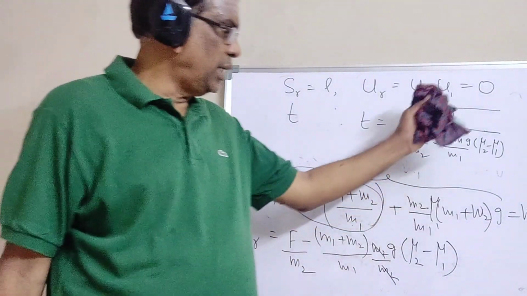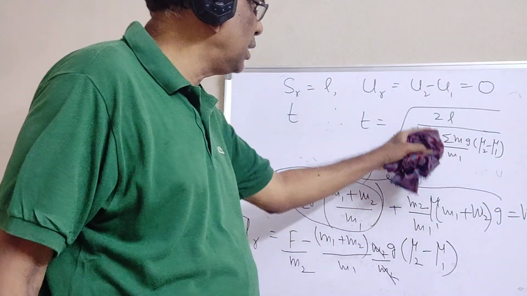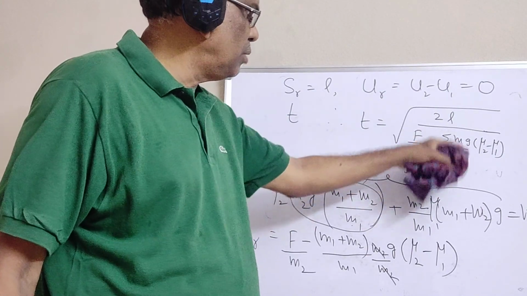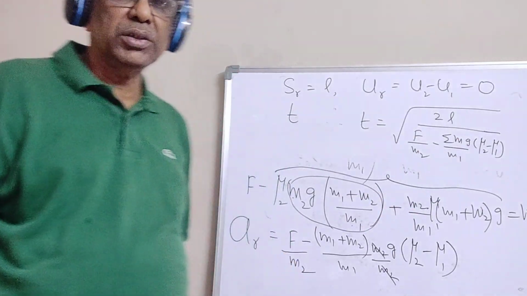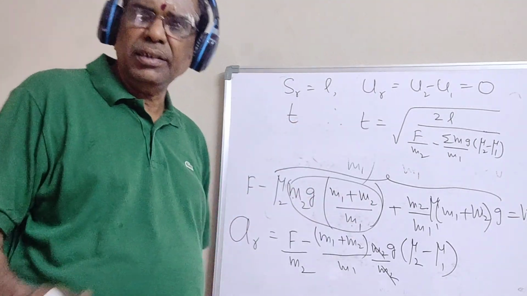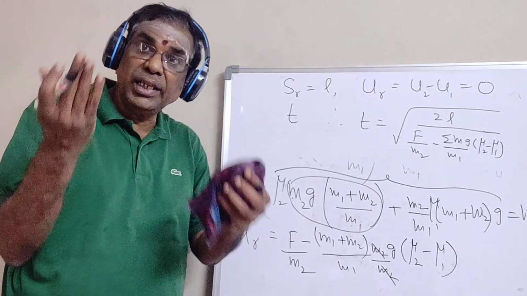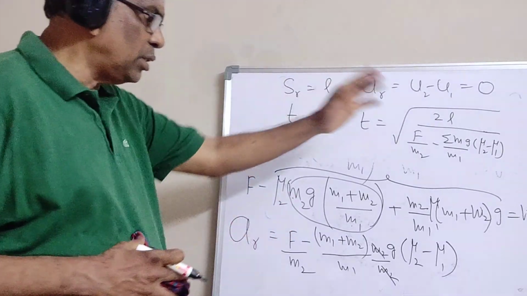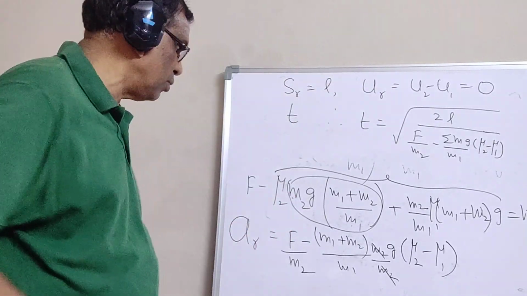You can rewrite that also if you wish by taking m1 and m2 here. Anything is possible. This is the first thing, very simple thing. When I apply force on the upper body, what time does the body take to fall off?